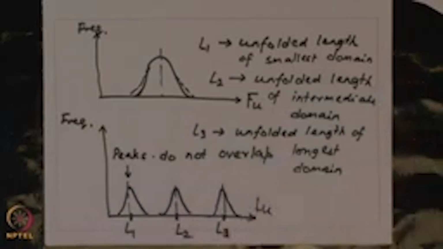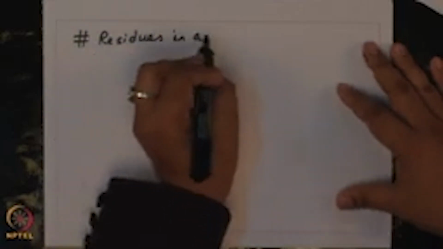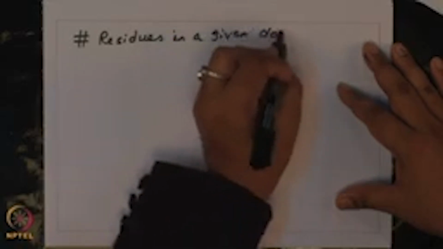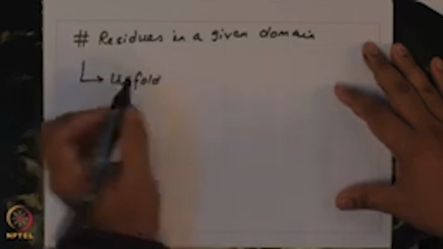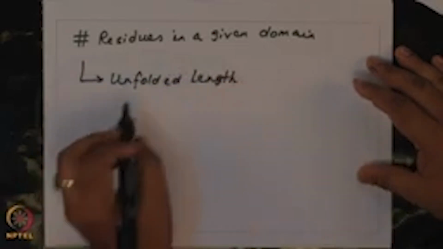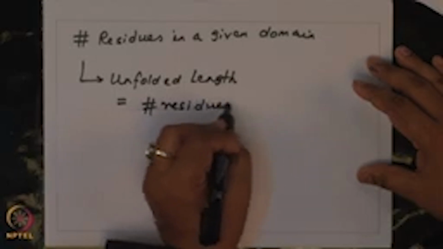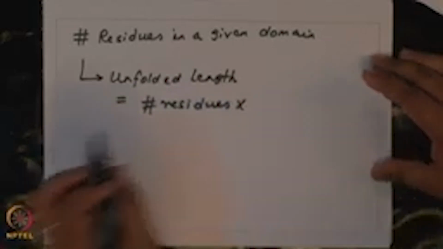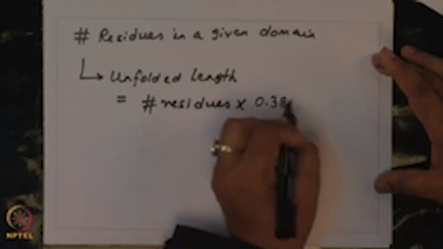So, what is the unfolded length? If you know the number of residues in a given domain, then your unfolded length should be equal to the number of residues times 0.38 nanometer per residue.